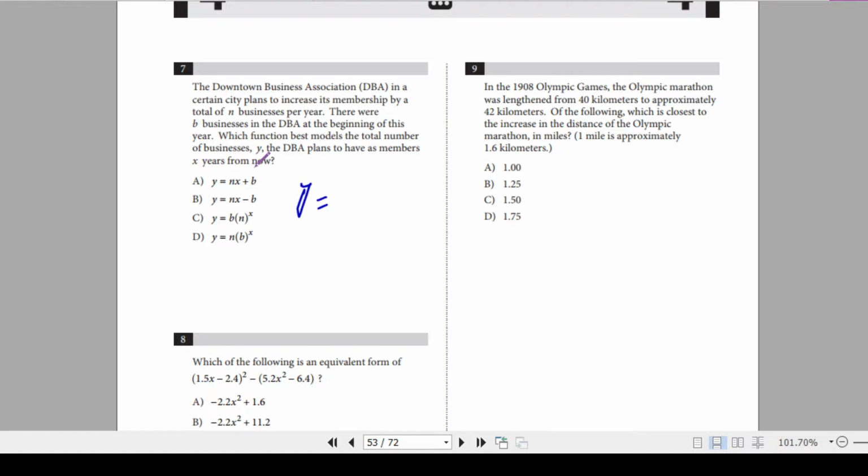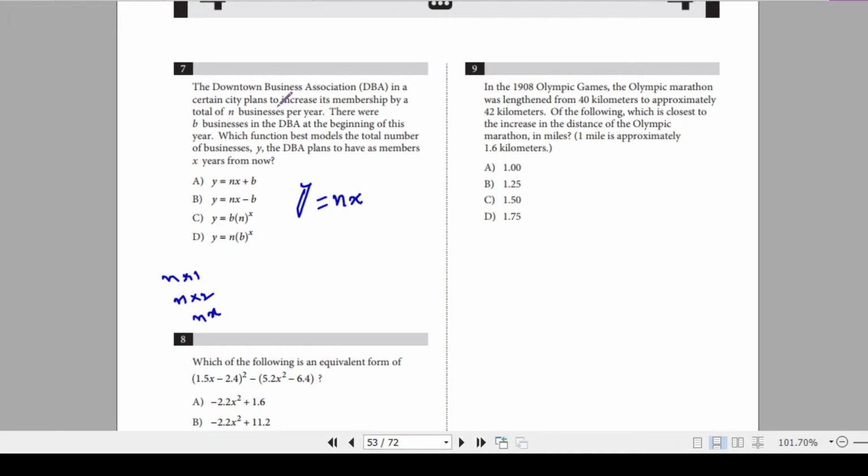In 1 year it will be increased by N times 1. In 2 years, N times 2, and 3 years, N times 3, and in X years, N times X. So after X years, the membership will be increased by NX. This many more businesses will be there. Okay? But there are some existing businesses. And how many are those?